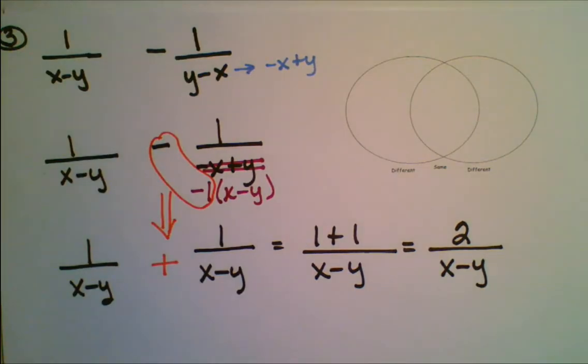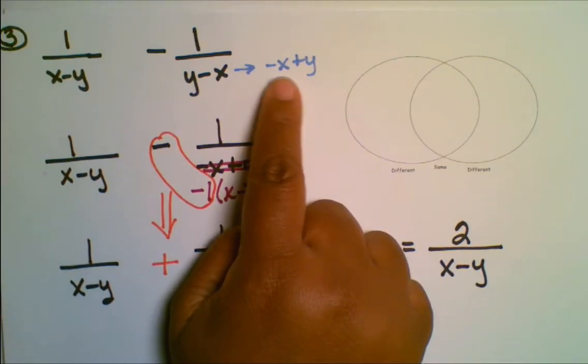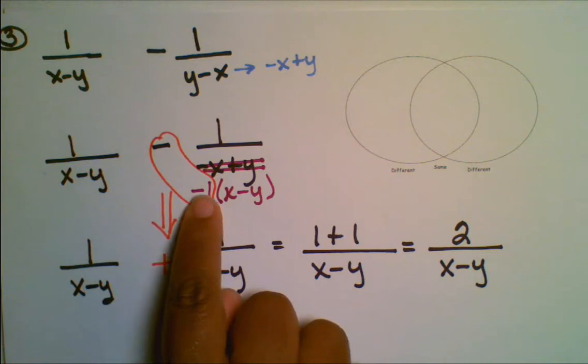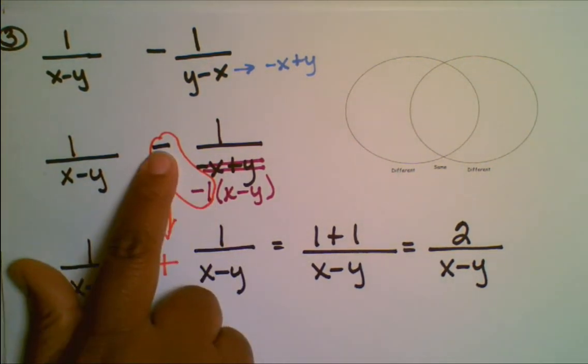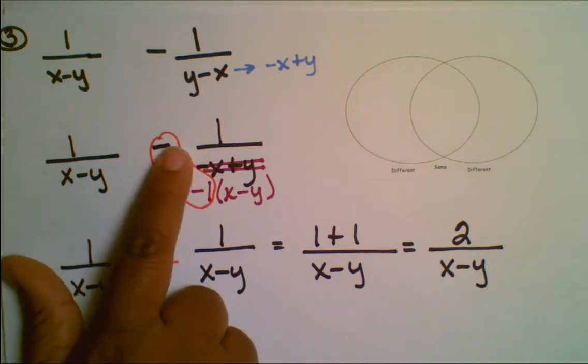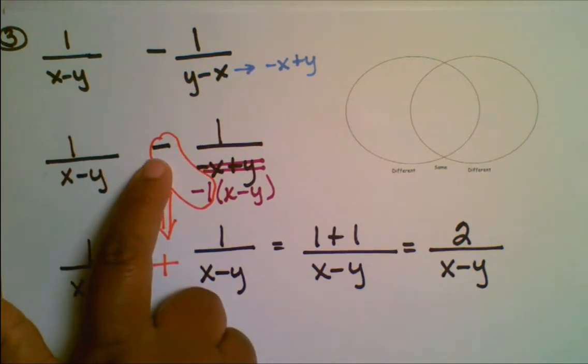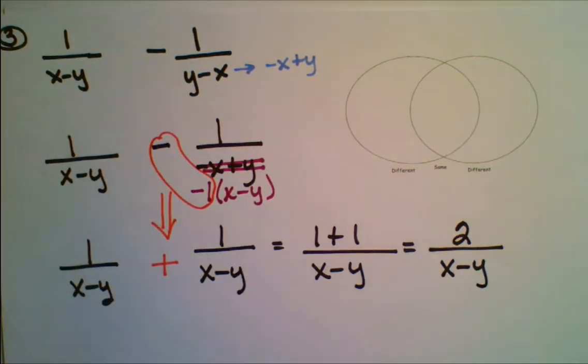You would have put those together as the LCD. But if you remember to write your terms in descending order, take out that negative, we can move this negative 1 to the middle of the fraction, so we are able to multiply this negative to the negative that's already there, and that becomes a positive. So our solution, 2 over x minus y.